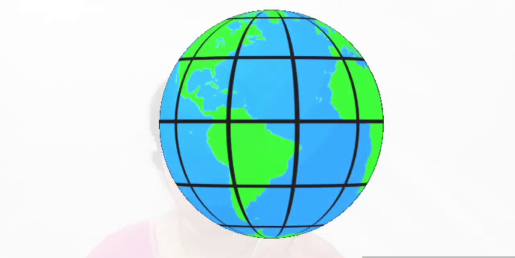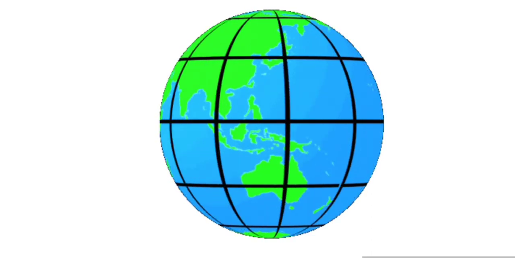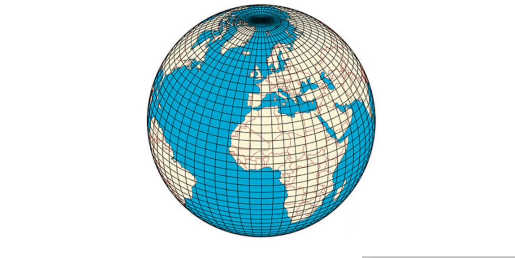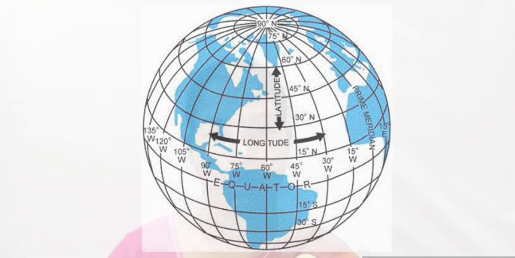The parallels and meridians cross each other and form a grid. Grid helps us in locating places. The point at which the parallel and the meridian cross each other denotes the location of the place. In this way, these parallels and meridians play an important role in locating the different places on the globe.